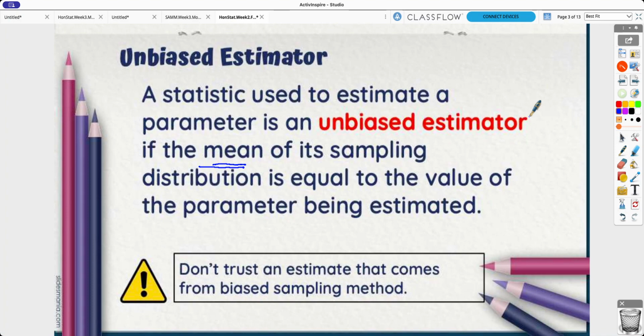Do not trust an estimate that comes from a biased sampling method. For example, if you use voluntary sampling or convenience sampling, then you do not want to trust that estimate. So what we want to do is check whether the statistic from a simple random sample is an unbiased estimator.